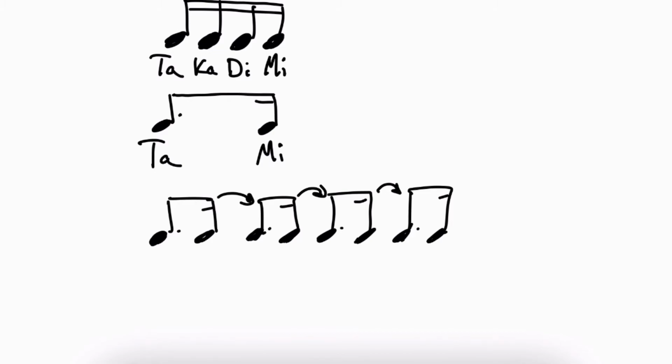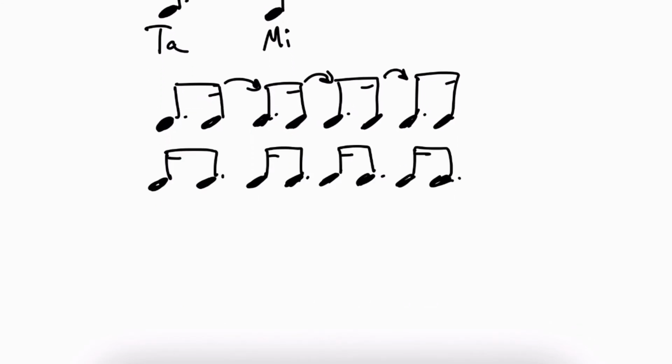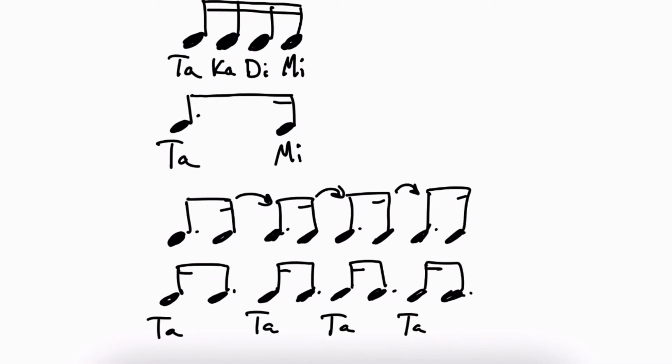Now if we flip that around, so we still start with the ta, that doesn't change. But now we need to figure out where that dotted eighth note falls. So if we go back up here a little bit to the Takadimi, the dotted eighth note takes up 3 of the 16th notes.